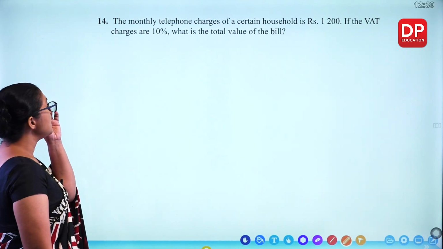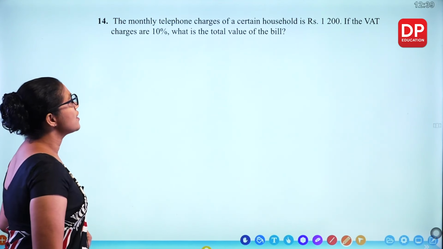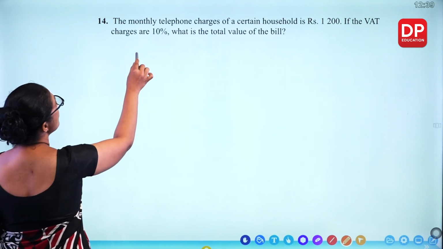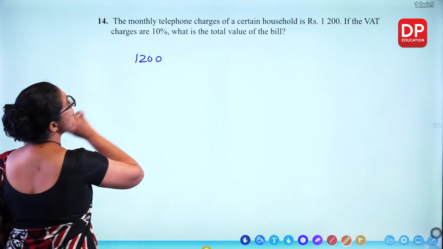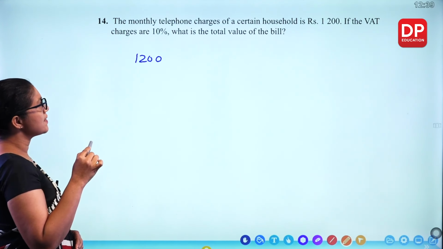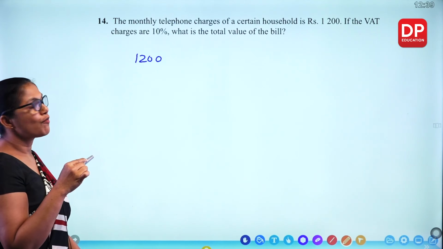Question number 14. The monthly telephone charges of a certain household is 1,200 rupees. If the VAT charges are 10%, what is the total value of the bill?